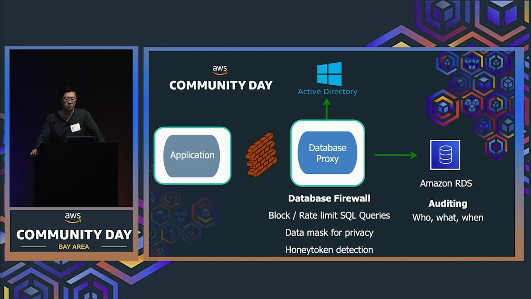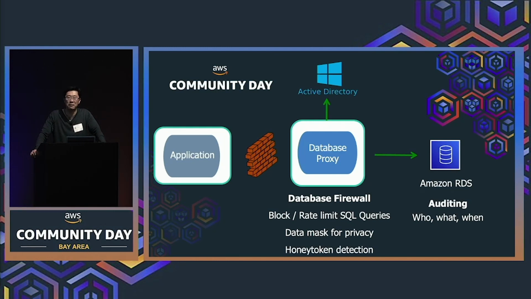Oh, yeah. So the question was, some proxies can support honey token detection. This is a way to identify a security breach. What you do is you create an entry in the table, like foo or something like that.